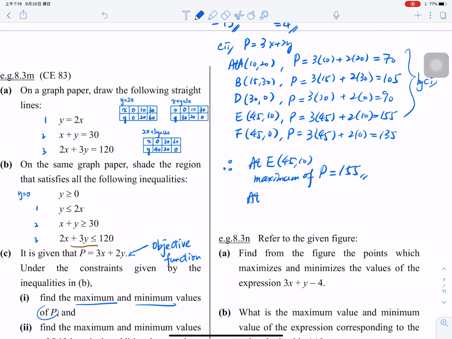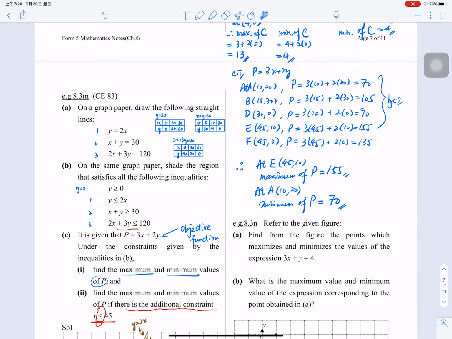At A, still A, the minimum of P equals 70. Okay, so with the extra constraint, you get another 2 points, then you found that the maximum changes and becomes 155 and the minimum has no change, still 70.